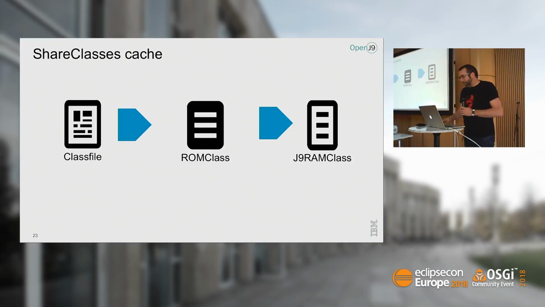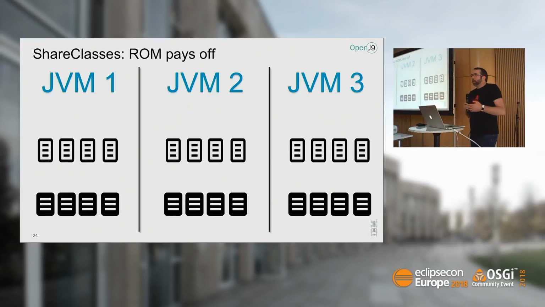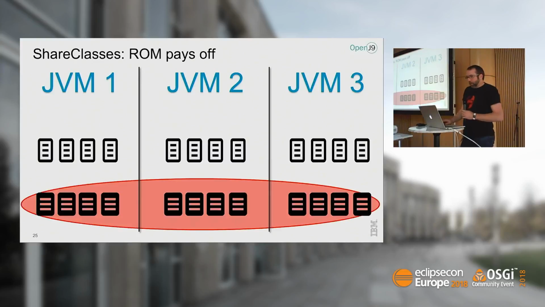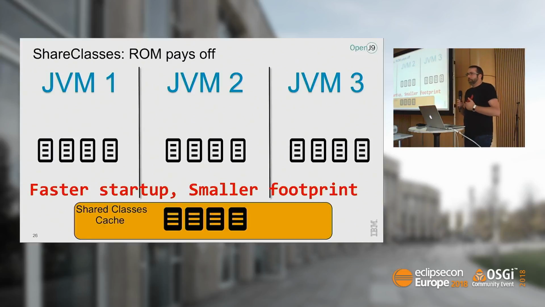But since this ROM class could actually be burned in ROM back in the day, we can share this data across VMs, or we could store it in this cache where you don't have to load it in the future. So one of the big benefits is that you'll see in the bottom here, all these VMs have the same ROM classes, so you can pull them out into just a single cache, and that saves you the footprint per instance.